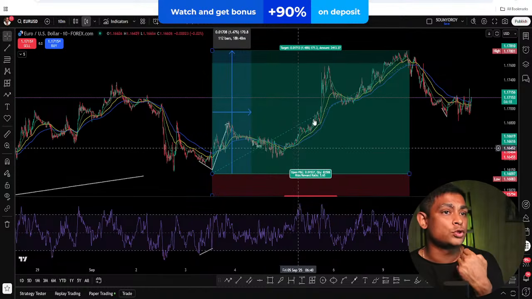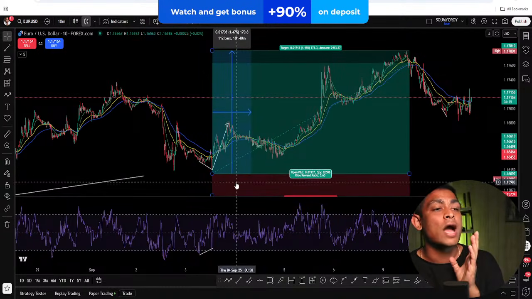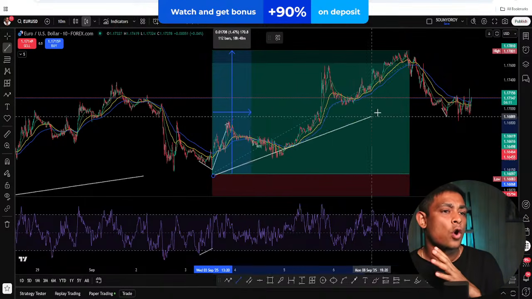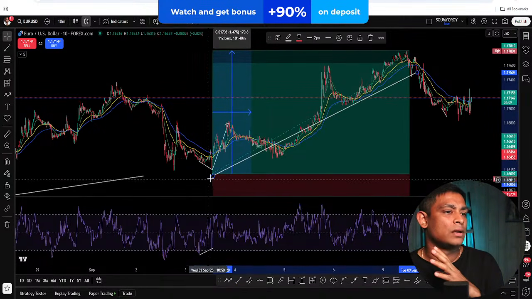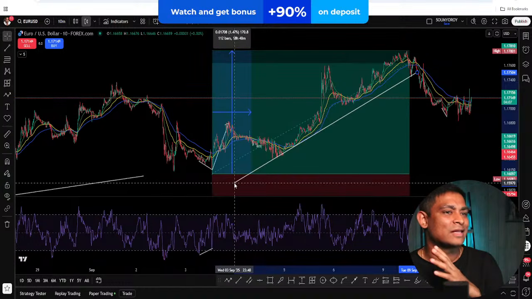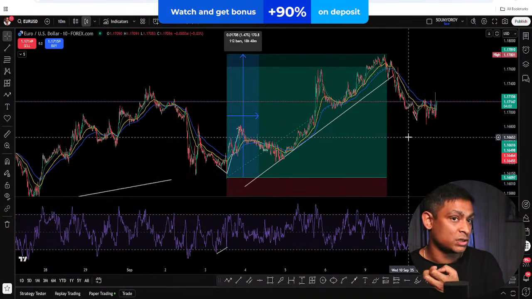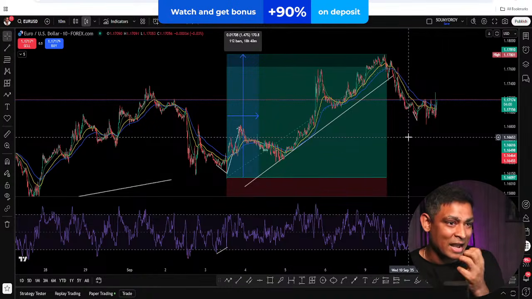Throughout this 18 hours, we are always on an uphill. Just look at that. So this is the power of divergence, relative strength index divergence.